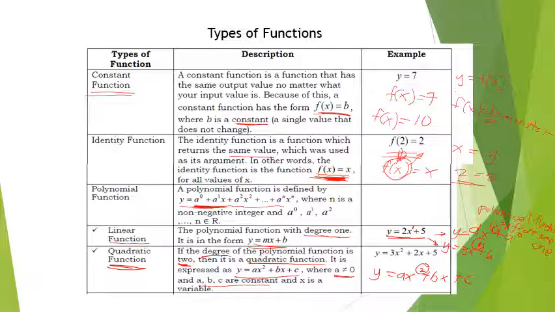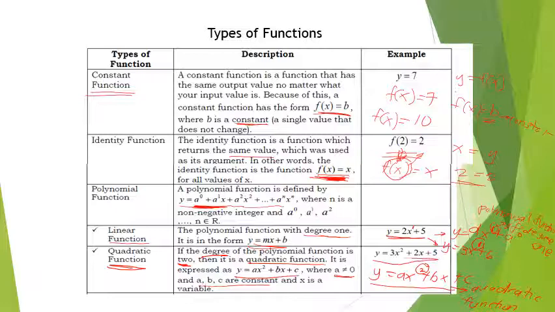Kaya pag may nakita kayong in the form na y equals ax squared plus bx plus c, na kung saan yung highest degree ng exponent ng x ay 2, siya ay quadratic function. For example, y equals 3x squared plus 2x plus 5.